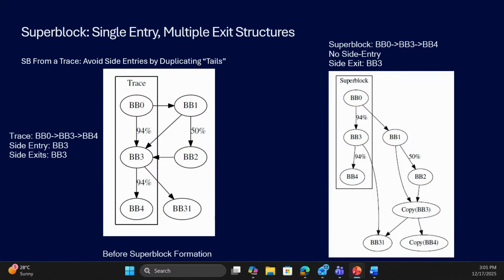Now, isn't BB31 having two copies of BB3, both assigned from two different places? Yes, so we need a kind of a find function.